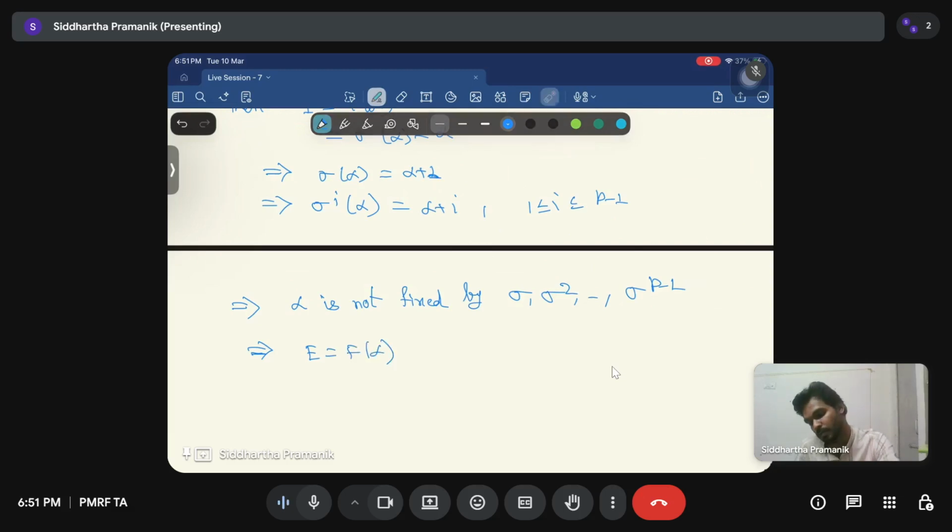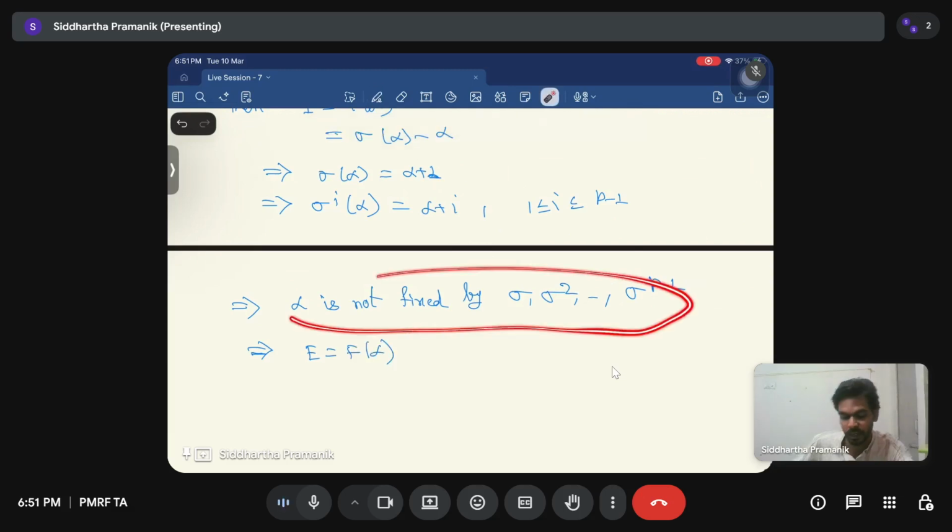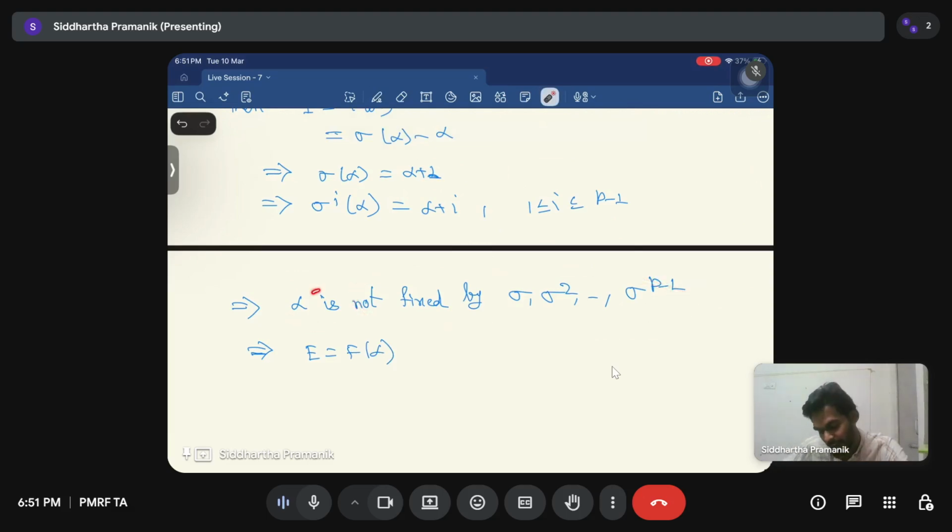So observe that this is a technique to find the primitive element. You just find an element which is not fixed by any non-identity element of the Galois group. Then that element will give you a primitive element. So we have proved the first part. So we have constructed a primitive element for this extension.